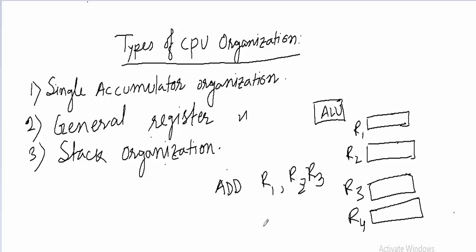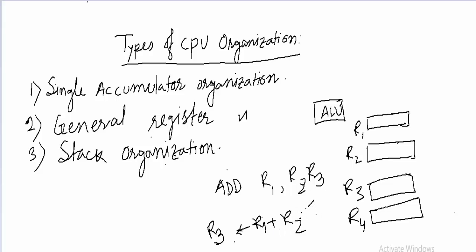The meaning of this could be to add R2 and R3 and store it into R1, or we can say it's like add R1 and R2 and store it into the R3 register. We can say both of that.